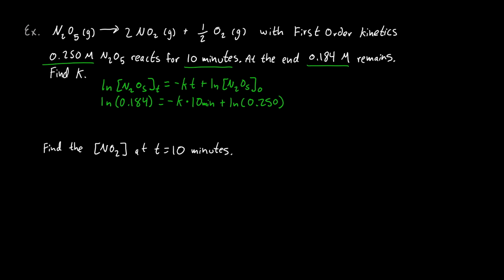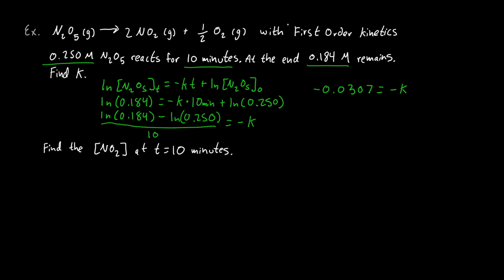And so we can rearrange this by moving our natural log to the other side. And then dividing by the 10 minutes. And that will equal negative K. Then if we plug all of this into our calculator, we get negative 0.0307 is equal to negative k.